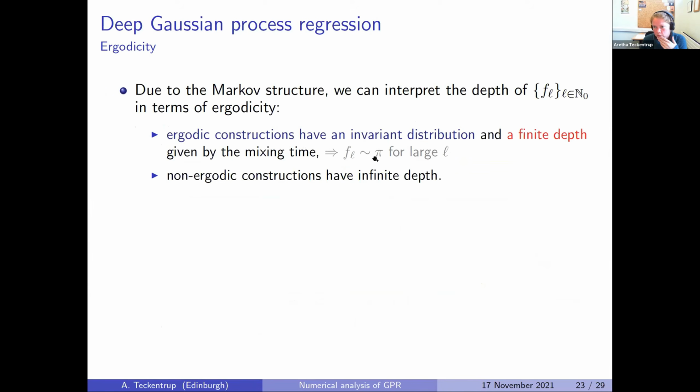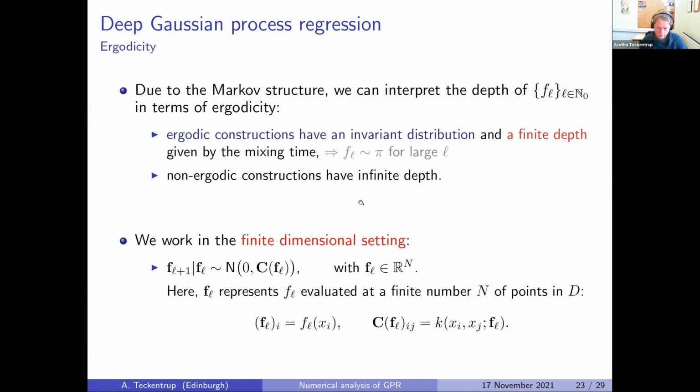So the F_L, in this case, converges as L tends to infinity to this invariant distribution. And so in that sense, it has a finite depth, which is given by the mixing time. So the mixing time is just the time that it takes you to reach the invariant distribution. Right?